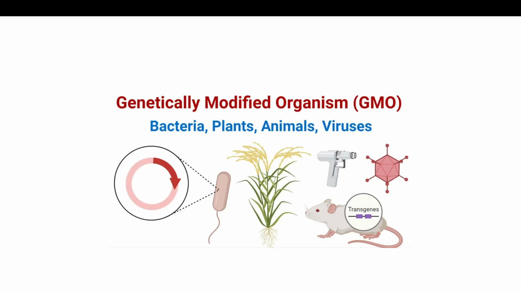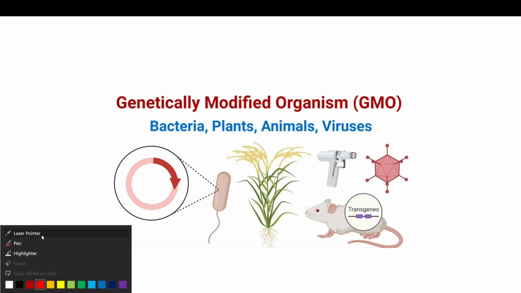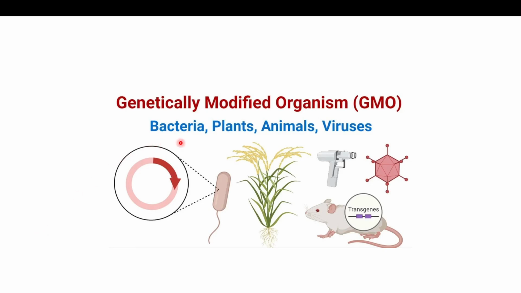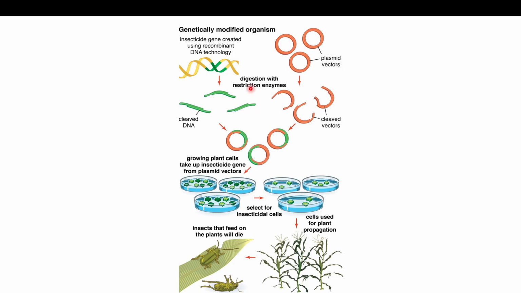For example, for production, for industrial purposes, what we looked at for different biotechnological applications. The organisms which can be genetically modified can be bacteria, plants, animals, viruses, etc. Okay. So this is an example of a genetically modified plant.